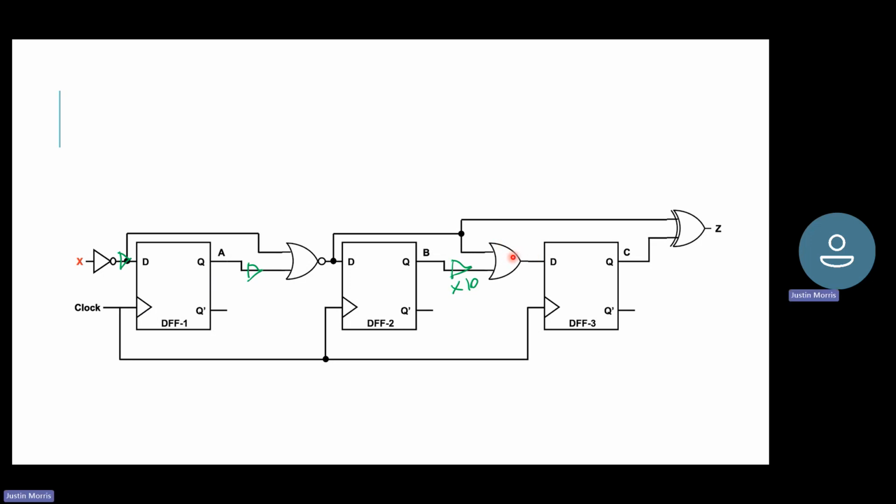Yeah, so I would still need 8 buffers on this side, to satisfy this path. Because we still have to satisfy all the paths for contamination delay. Oh, we make that path. Yeah, so rather than putting 10 buffers here, because I need 8 buffers here, I can put 2 buffers here, 8 buffers here.